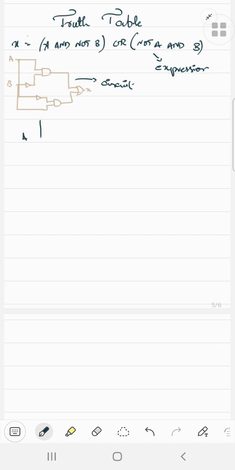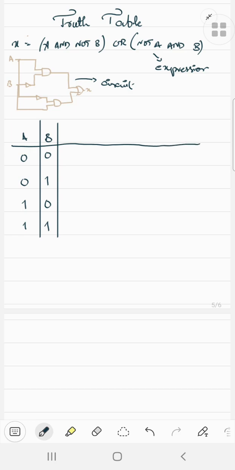Okay, firstly we have 4 inputs here, A and B. Okay, this thing is usually given to us. Okay, these inputs are usually given to us.